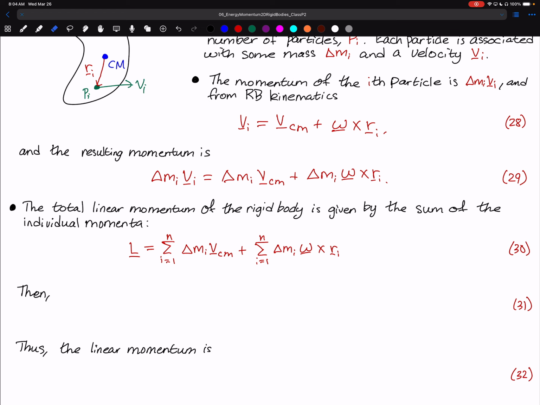And if we wanted to extend to some continuous rigid body, we would end up switching to integrals rather than summations. But those details aren't relevant here.